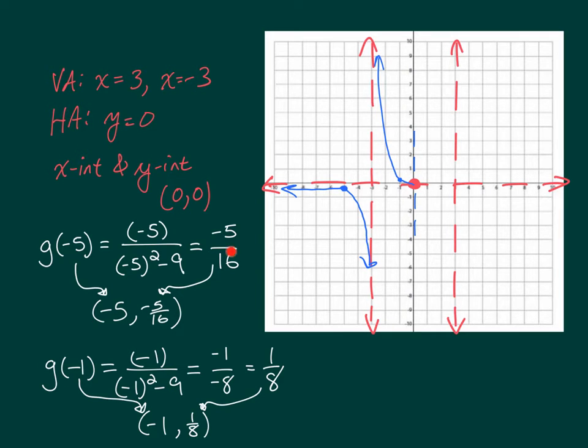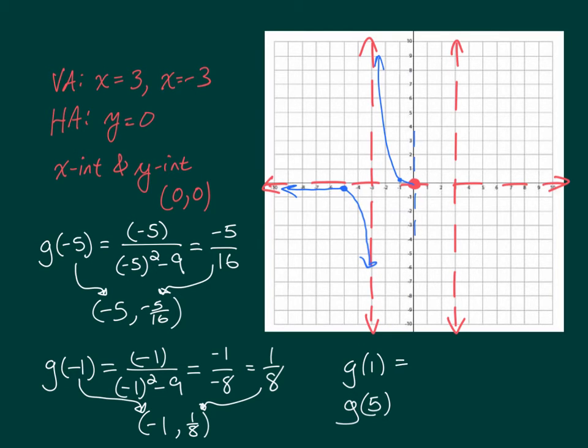And if you come back over here and do a couple more calculations like these, with, say, g of 1 to figure out what is going on between the x-intercept and this vertical asymptote, and g of 5 to figure out what's going on to the right of this vertical asymptote, you get something like this.